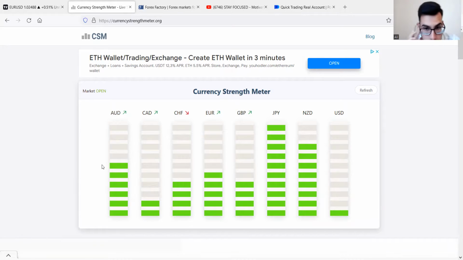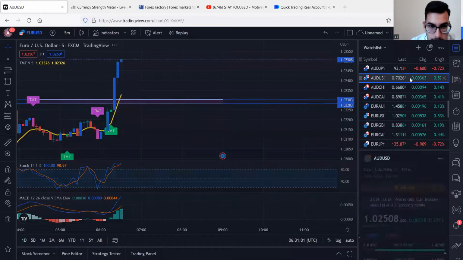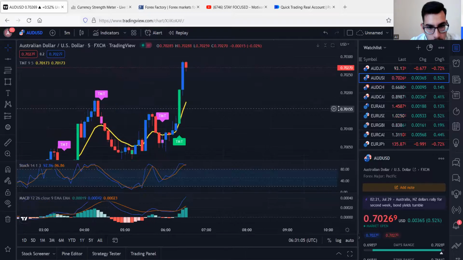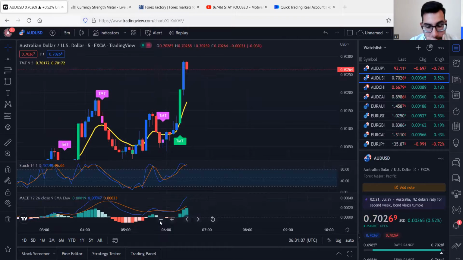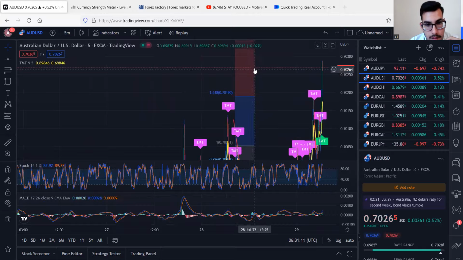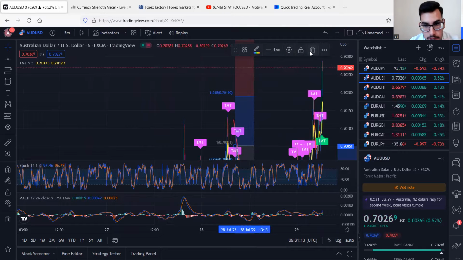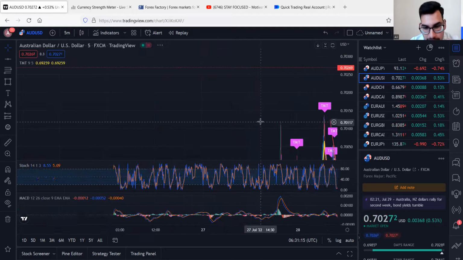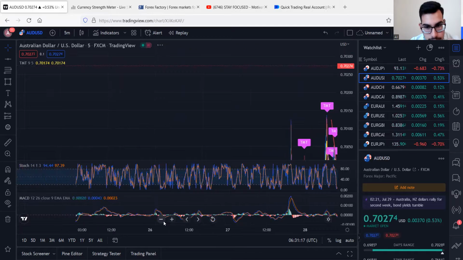Now let's look at another possible area. AUD/USD, let's try that area. Let's see if we can find a support resistance. I remember here I drew the Fibonacci a couple of days ago.